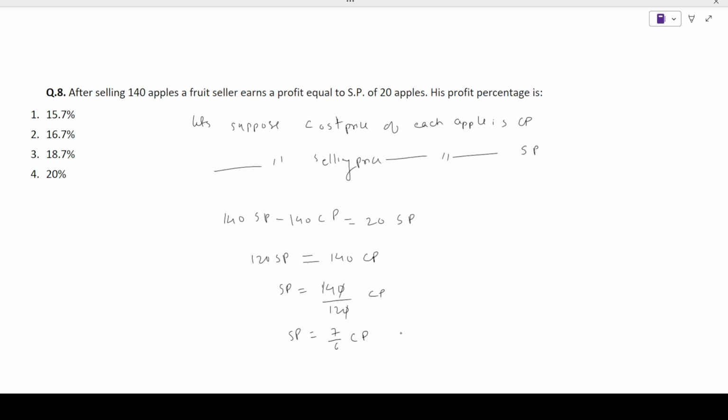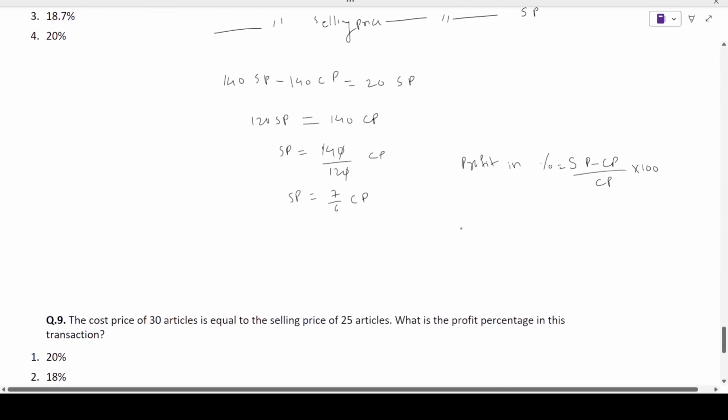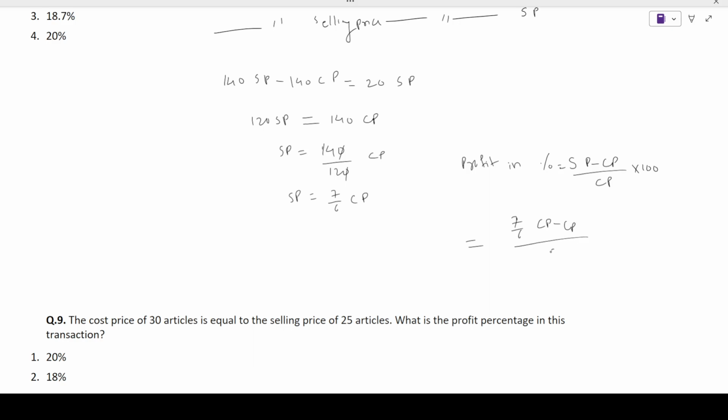So we are making a profit, and profit in percent can be calculated as selling price minus cost price upon cost price into 100. So selling price is equal to 7 by 6 CP minus CP upon CP into 100.